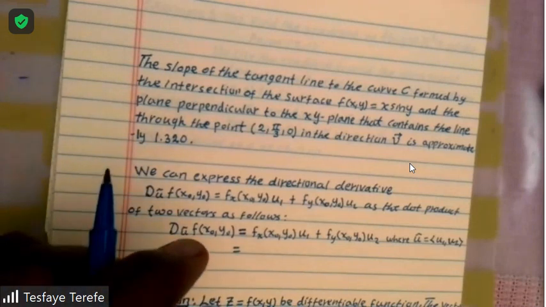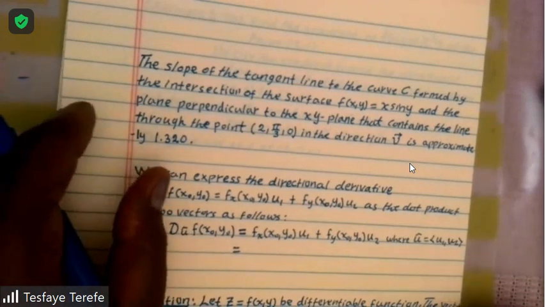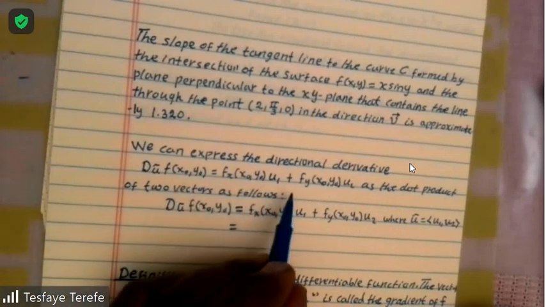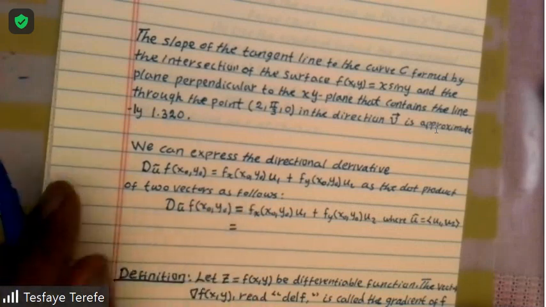Okay, from here, the main focus of our lesson is going to be defining the gradient. So how is the gradient defined? We can express the directional derivative as a dot product of two vectors as follows.